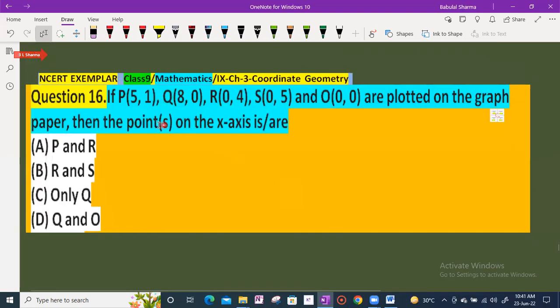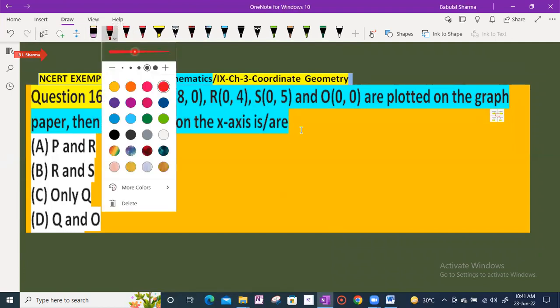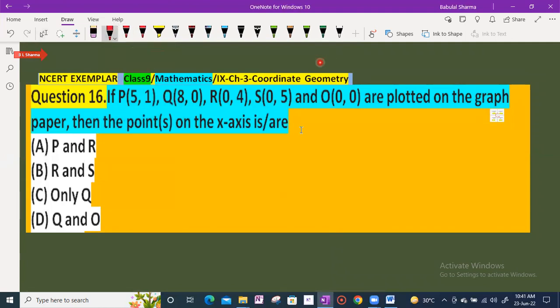Next question is on your screen. Point P, point Q, point R, S, and origin are plotted on the graph paper. Then the points on the x-axis are. We know that for any point on the x-axis, the y-coordinate will be 0. देखिए ये रहा, y-coordinate is 0, so this will lie on the x-axis.